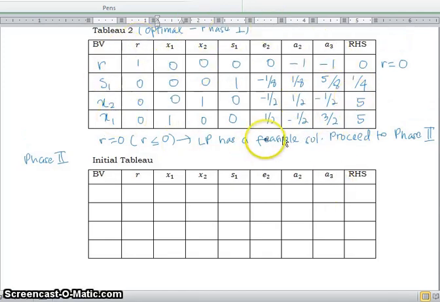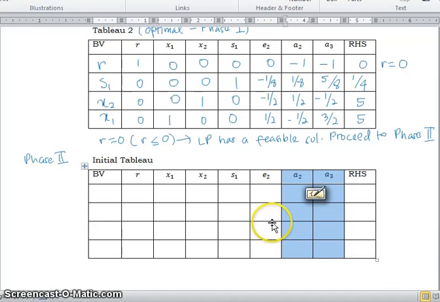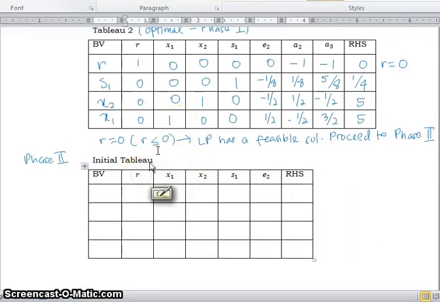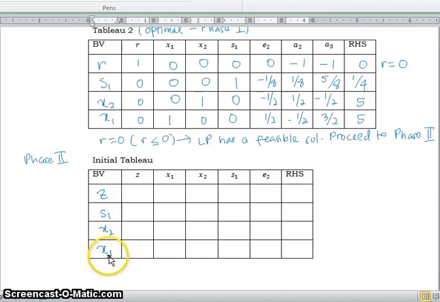We just use the same coefficients in the optimal tableau in phase 1, but we delete the columns of artificial variables, and we replace R with Z. Now the BV in row 0 is Z, and S1, X2, and X1 are BVs in rows 1, 2, and 3 respectively.